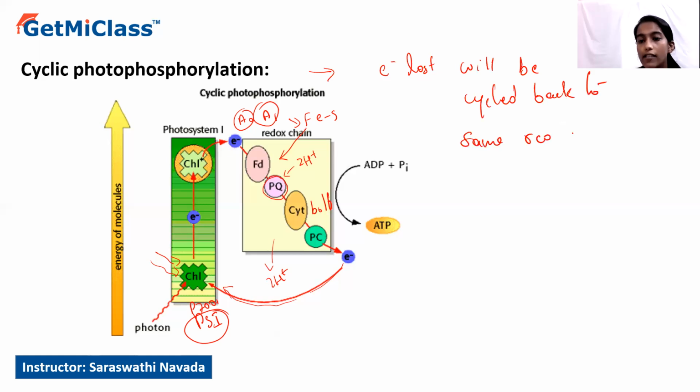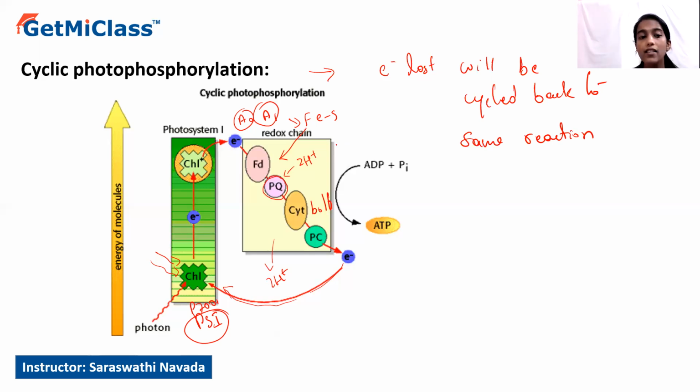Here, photolysis of water is not seen, photoreduction is not seen, only the electron will be recycling in case of cyclic photophosphorylation. So that is regarding the cyclic as well as the non-cyclic photophosphorylation that is involved in the light reaction.